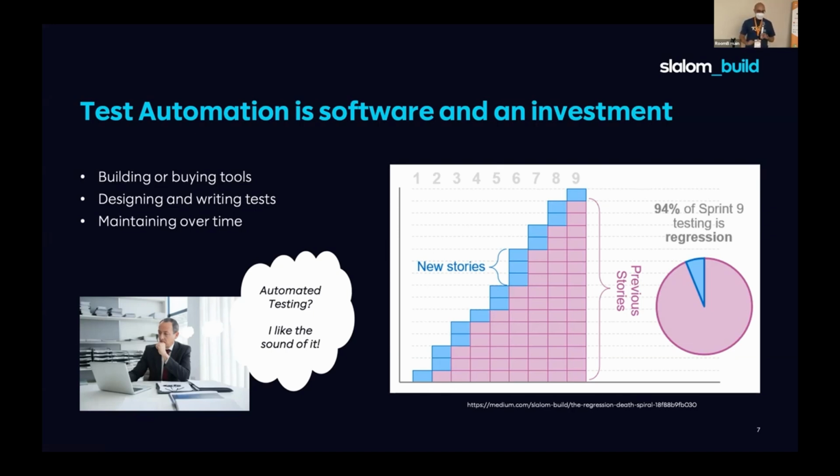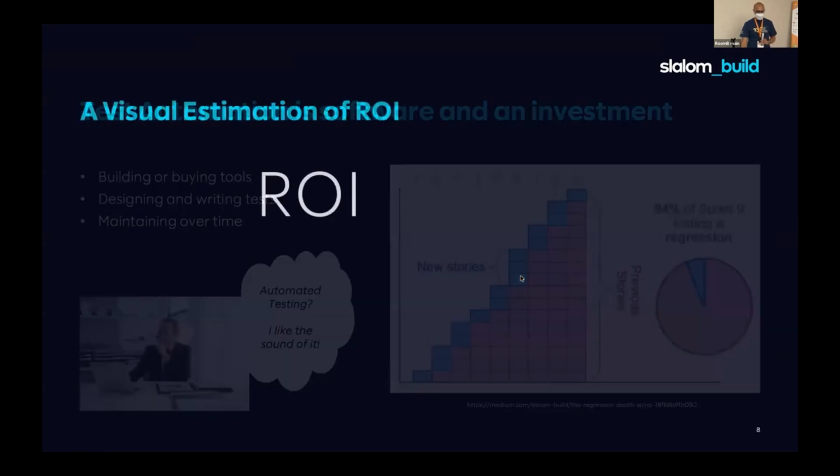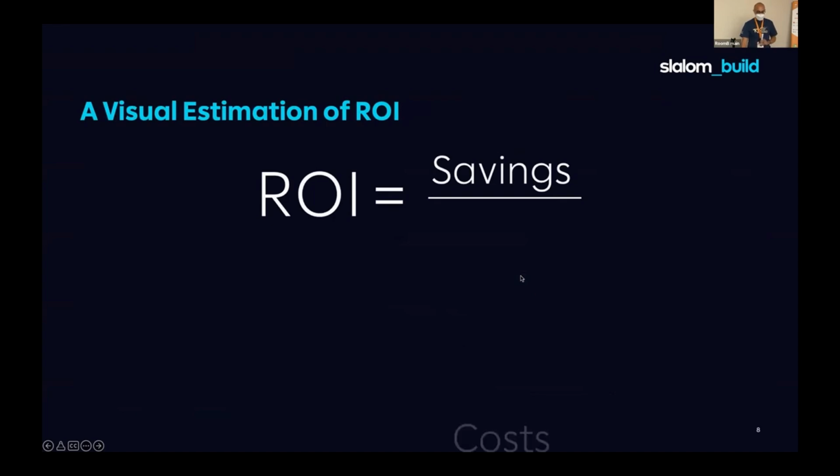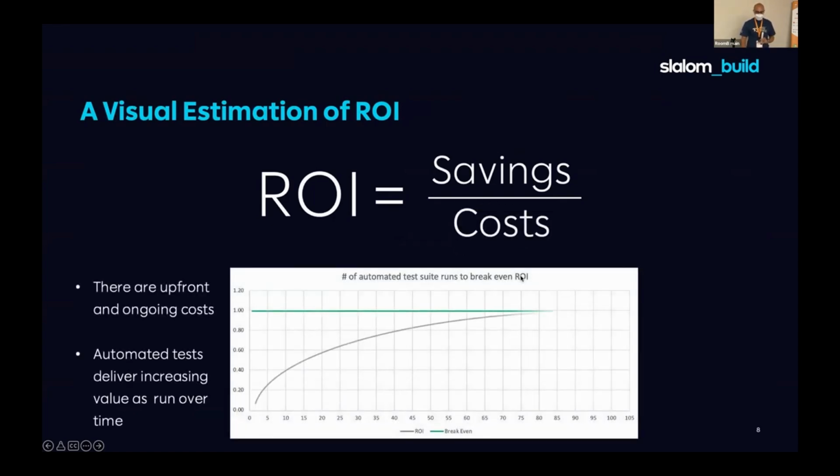Now, this may be enough to convince our stakeholders, since automated tests run faster than manual tests. But if they're still not convinced, we can also estimate test automation ROI. So ROI is the result of savings gained divided by costs. And it can be modeled by plotting a curve of estimated ROI over multiple test automation runs compared with a break-even line of 1.